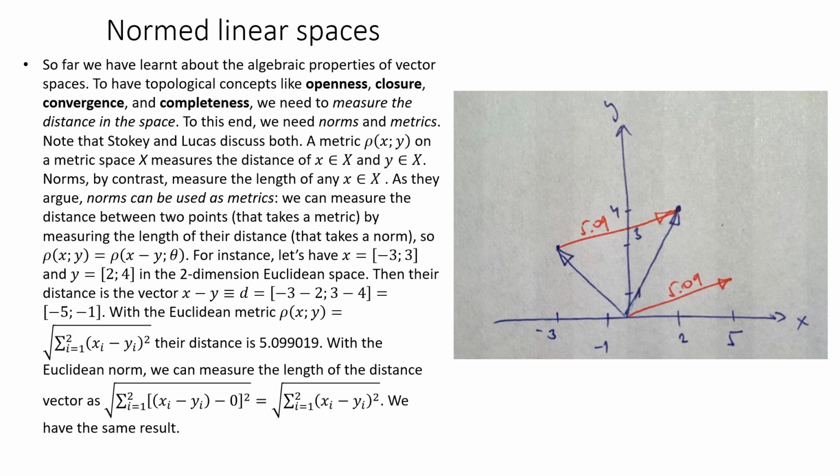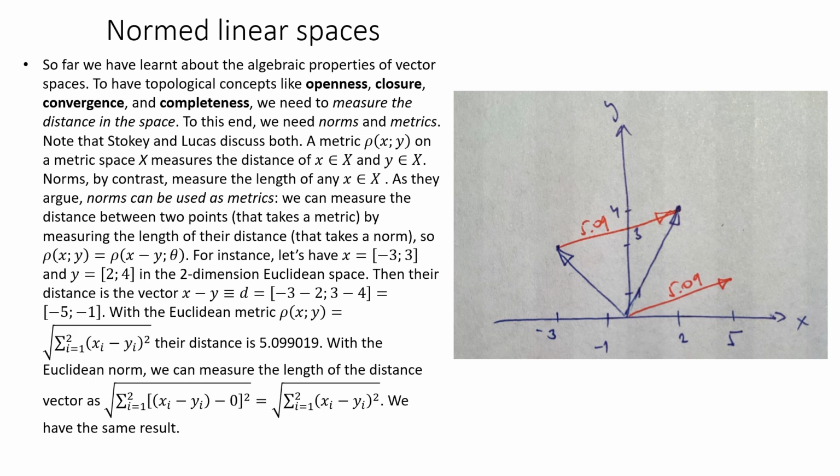Norms measure the length of a vector in a linear space. As Stokey and Lucas argue, norms can be used as metrics. So we can measure the distance between 2 points, which takes a metric, by measuring the length of the distance vector, which takes a norm.